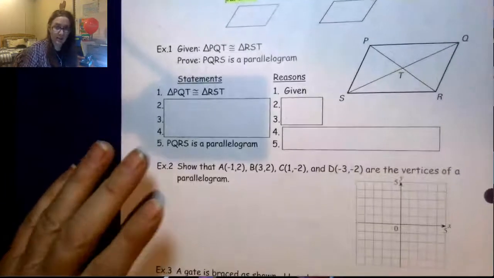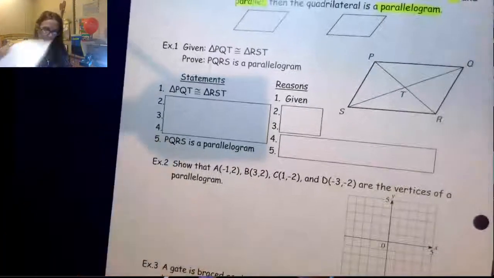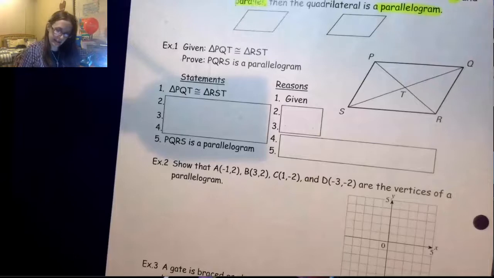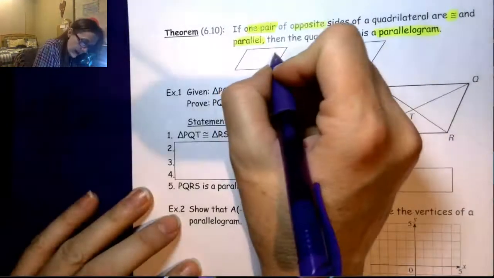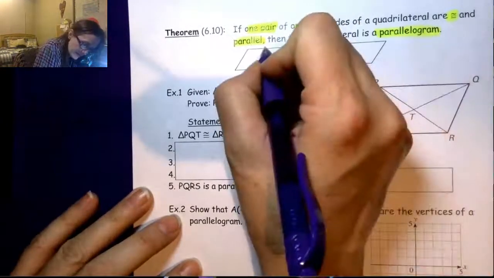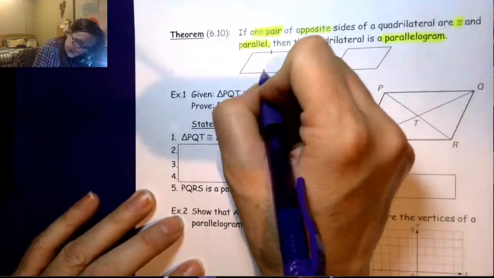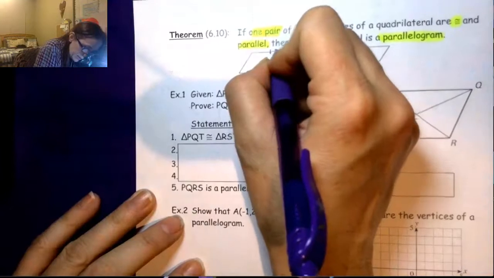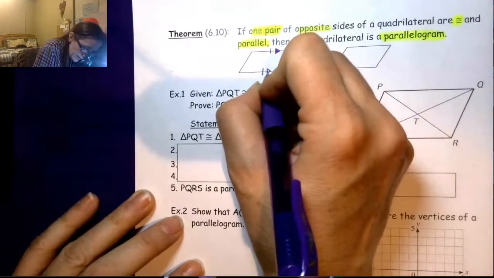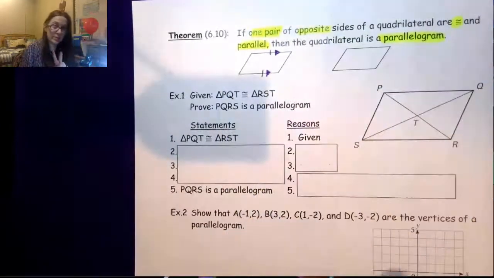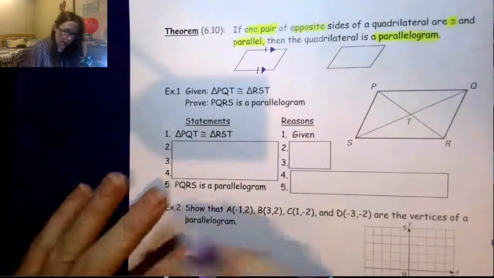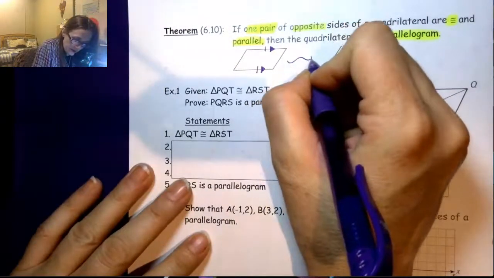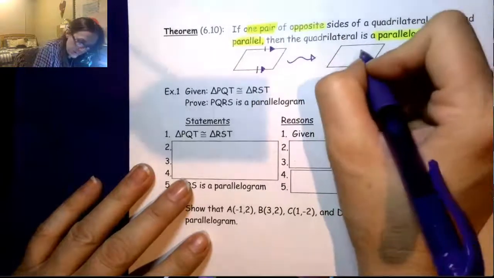So this means that if all I have is this one piece right here, and it says congruent, so if I say this side is congruent to this side, and that this side over here is parallel to this side over here. If I know these two things and it's the same pair, then I know that I have a parallelogram.